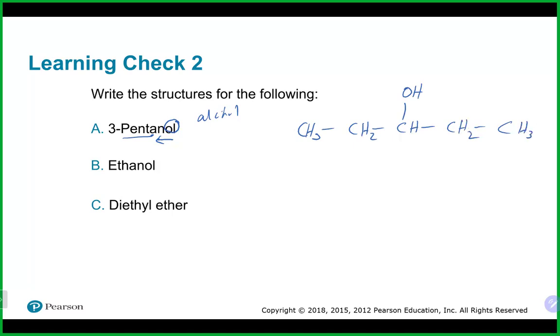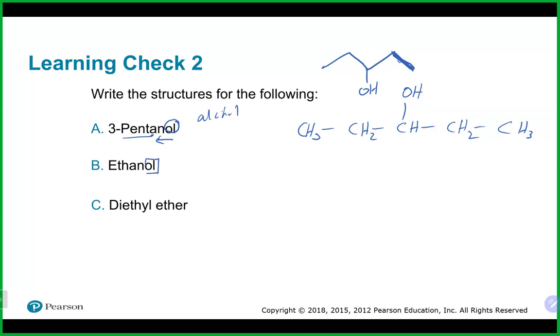That would be the condensed formula. If you're going to do a line structure, 1, 2, 3, 4, and 5, a little squiggly there, and at number 3 we would put our OH. Question on that one?